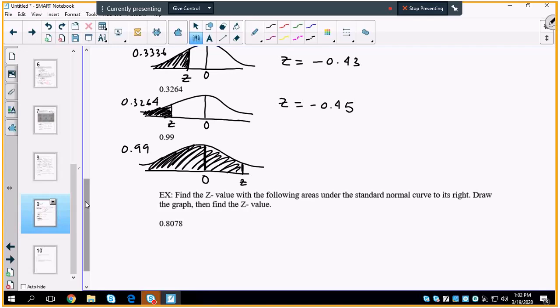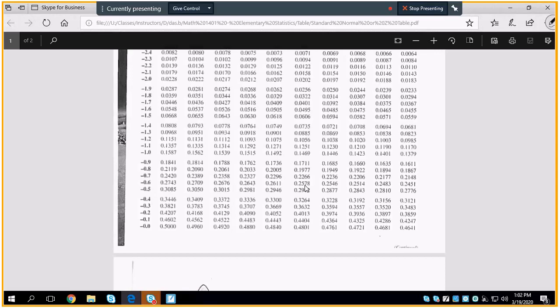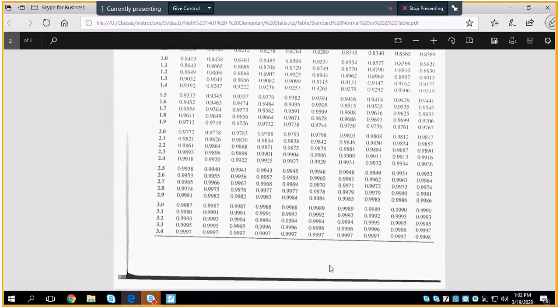From the location of z, it's on the positive side of the table. Let's try to see 0.99. See, I don't have 0.99. I have 0.9898 and 0.9901. So 0.99 is in between.